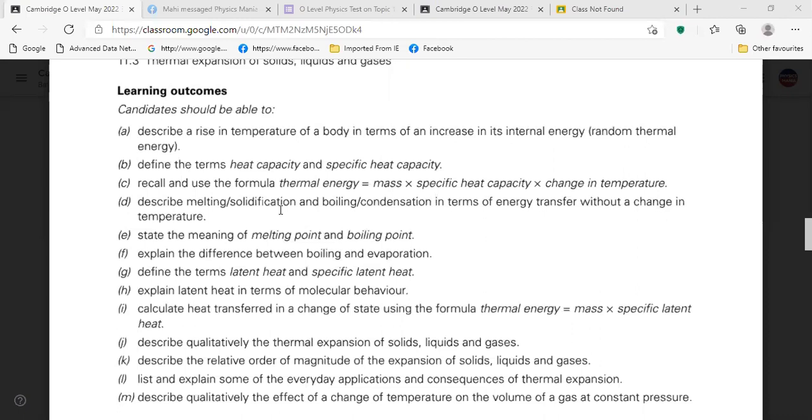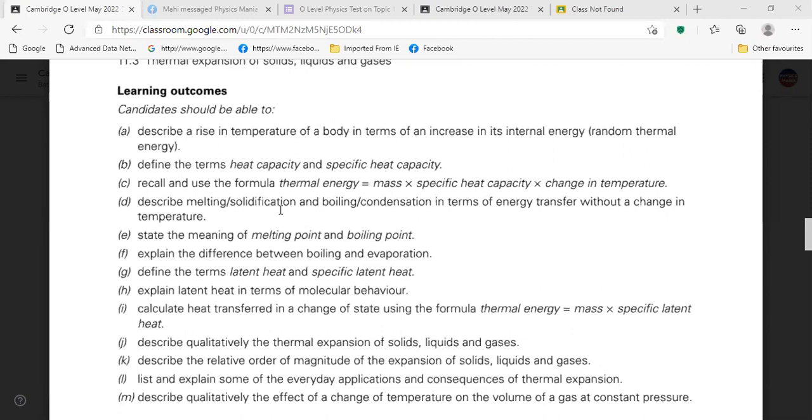And in this process, there is a change in energy or transfer of energy. When it is melting, the ice is absorbing heat from the surroundings.